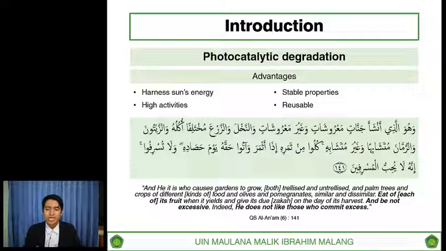And the example of overconsumption is, like we said earlier, that something that we overconsume can cause pollution, can cause another disruption in our environment. And so by doing this research, hopefully we can minimize that effect, or also we can prevent it from happening in the future.